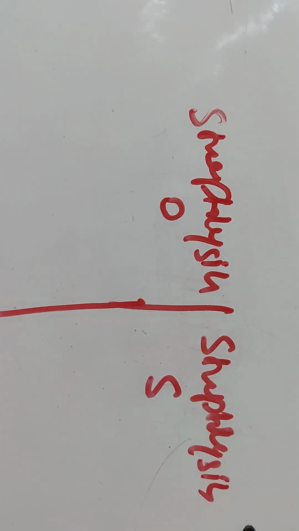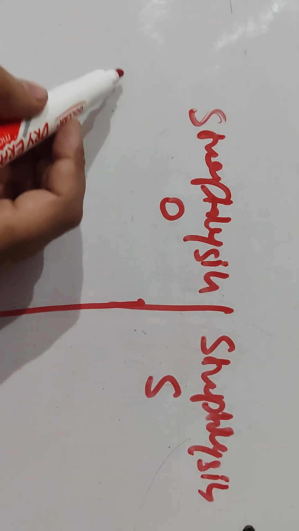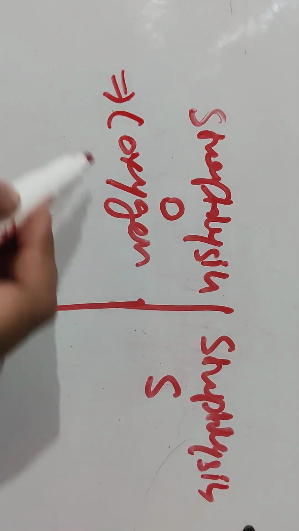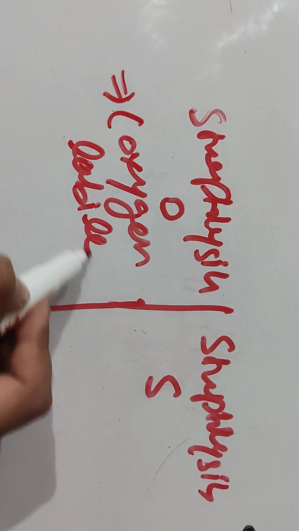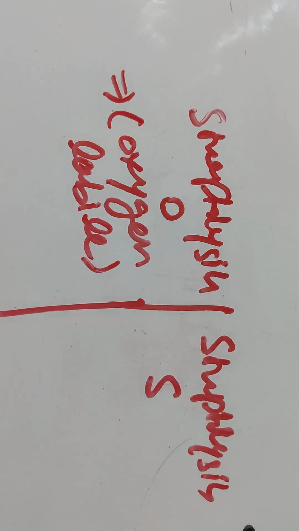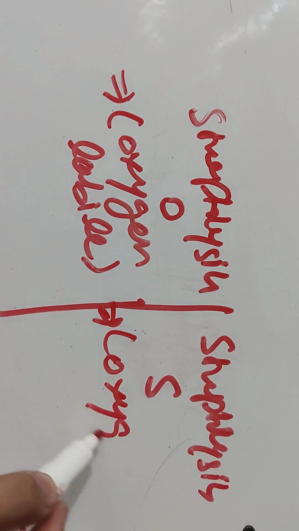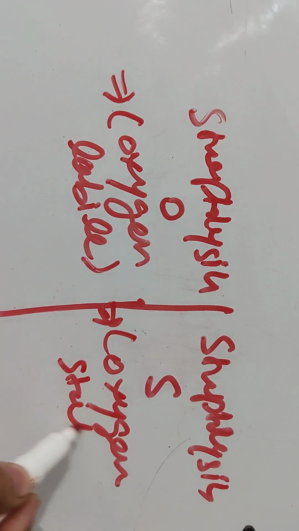Streptolysin O is a hemolysin that is inactivated by oxidation. It means it is oxygen labile, because it is inactivated by oxidation. While streptolysin S is a hemolysin that is not inactivated by oxygen, so it is oxygen stable.